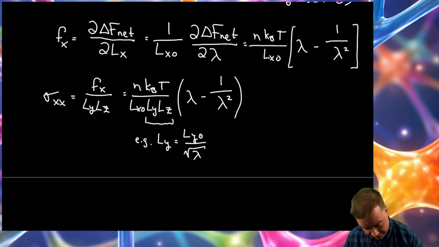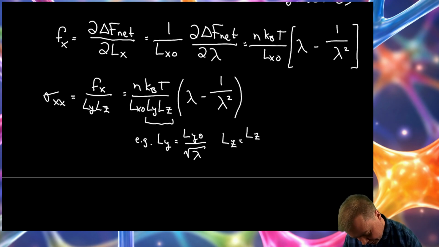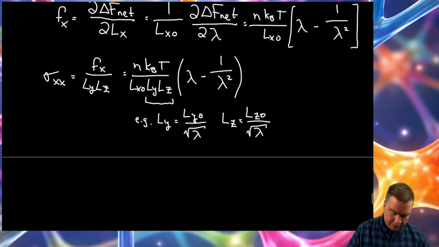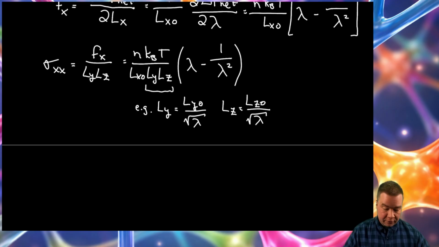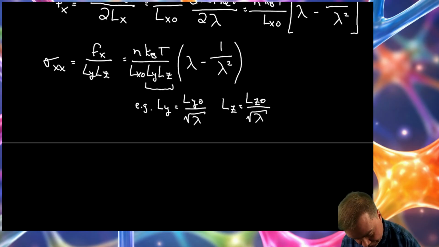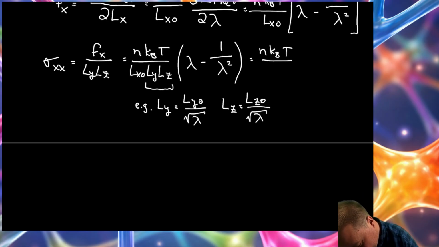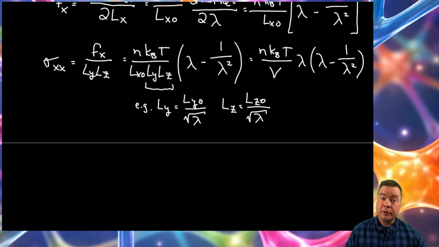And so we can also say that Lz will be Lz0 divided by the square root of lambda. And so those two square roots are going to pull up a factor of lambda into the numerator. And so this is going to give us n kBT divided by volume times lambda minus 1 over lambda squared. So that's the stress.